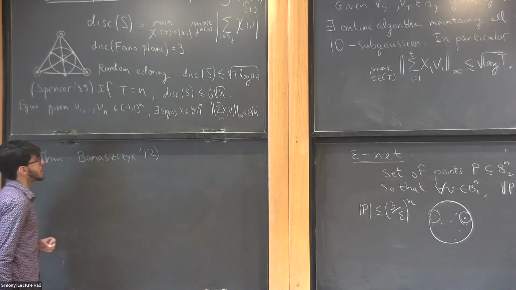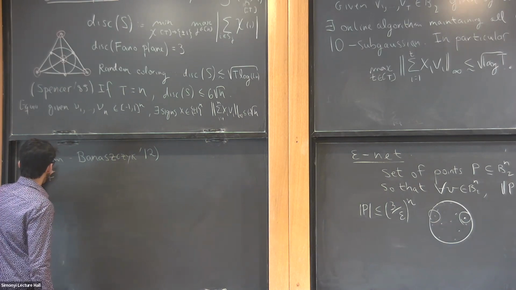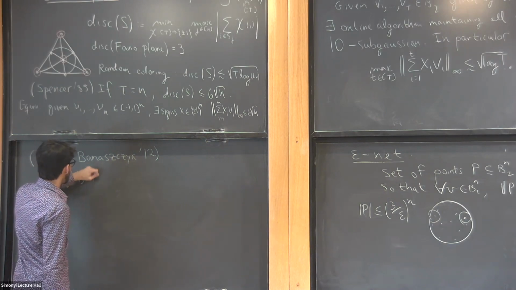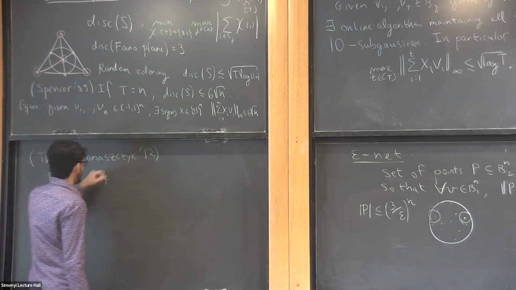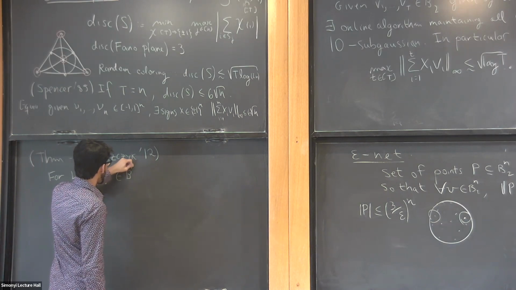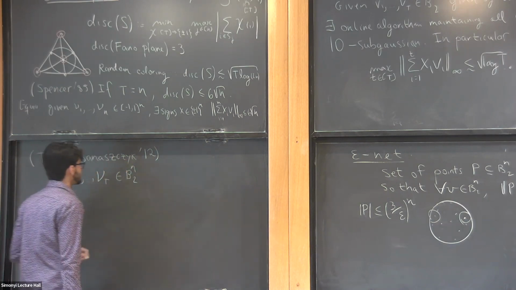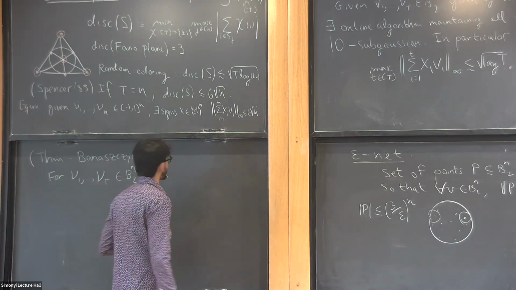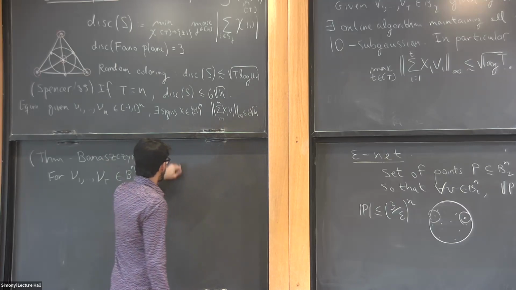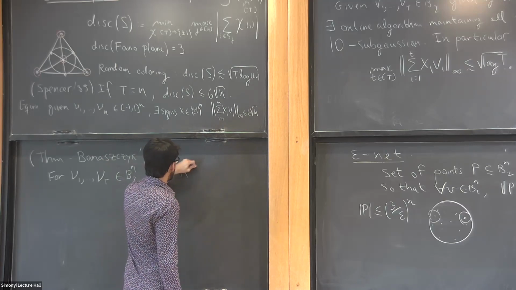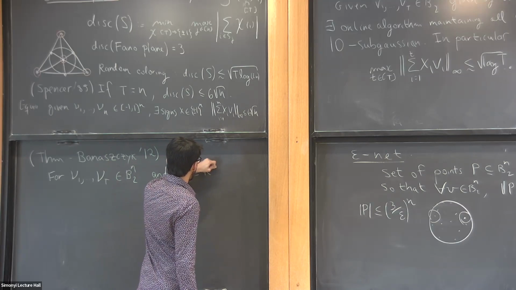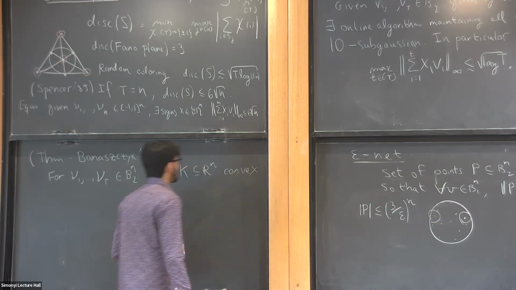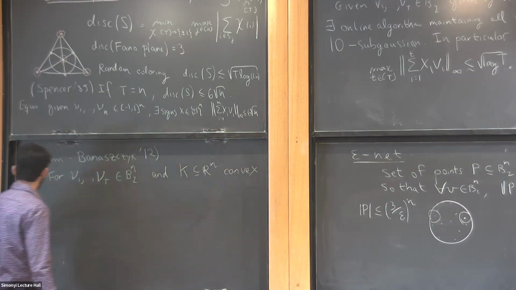So here's what he showed. If I have unit vectors, and if I have some convex body, so we're going to start going more geometric. I want some large convex body.